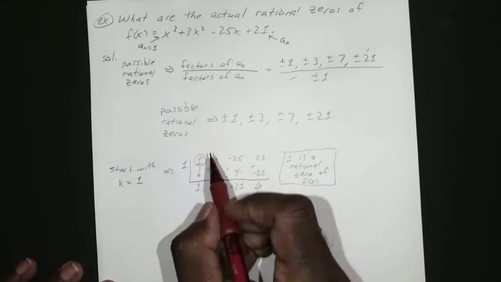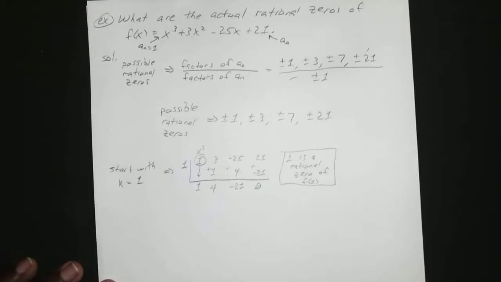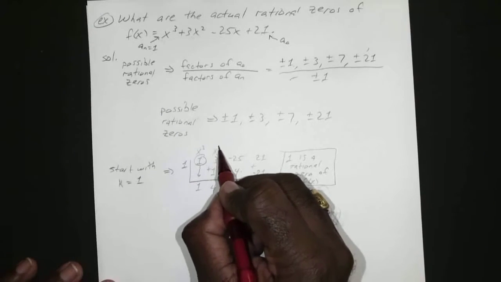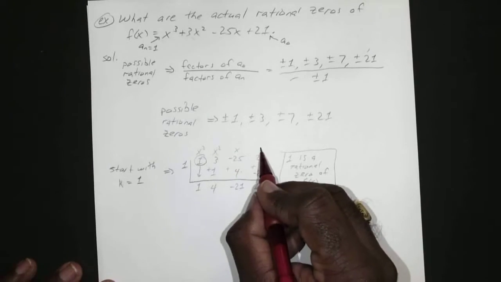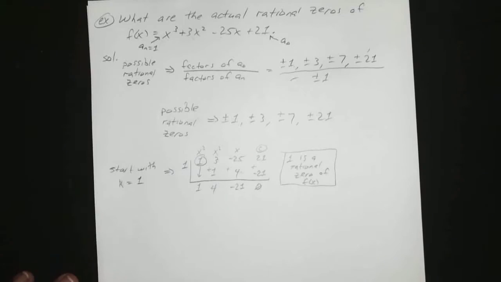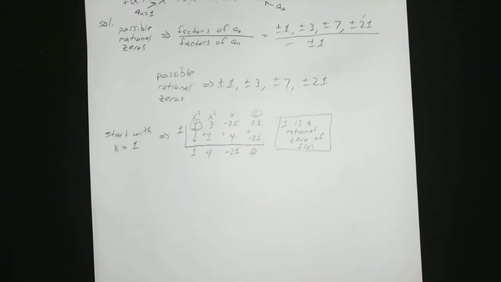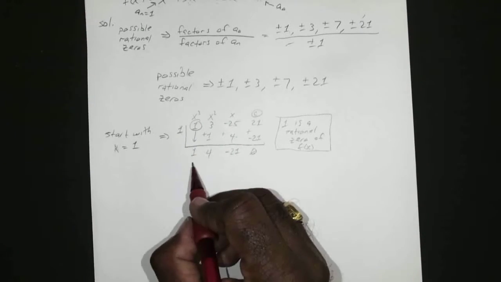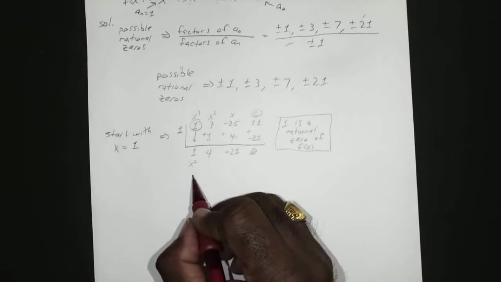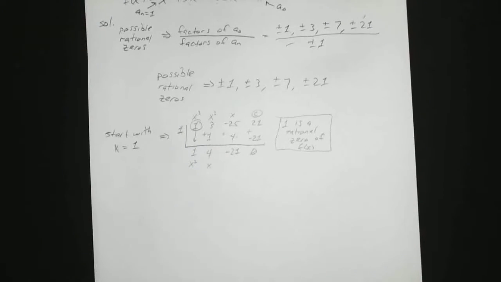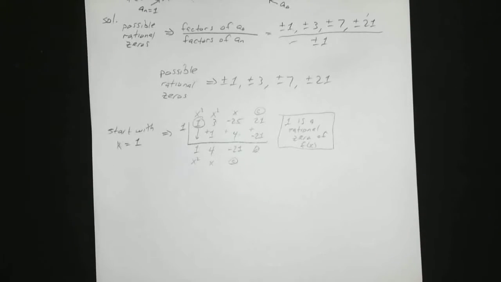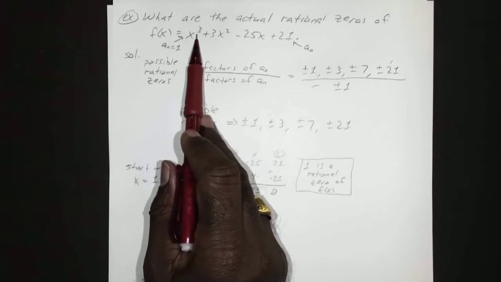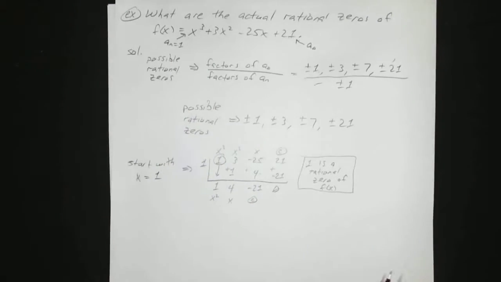Okay, so remember, this is your x to the third, this is your 3x squared, this is your negative 25x, and this was just your constant. All of those go down one. So this becomes your x squared, this becomes your x, and this one becomes your constant. So we know it's a degree of 3.